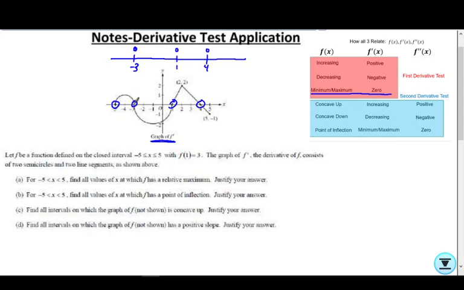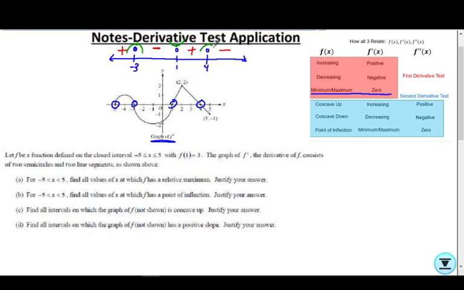Right here between -5 and -3, my derivative is positive. Between -3 and 1, this is negative. Here, this is positive, and here the derivative is negative. Okay? So if we think about it in terms of our test, when we look at these critical points, we say, wait a minute, here my function goes from increasing to decreasing. Here it goes from decreasing to increasing.